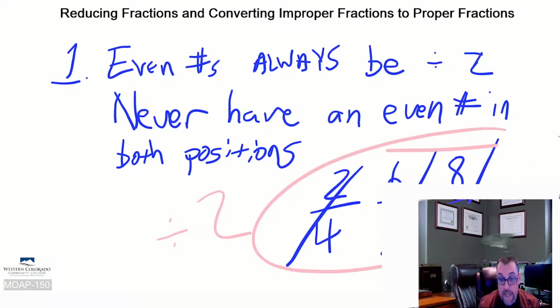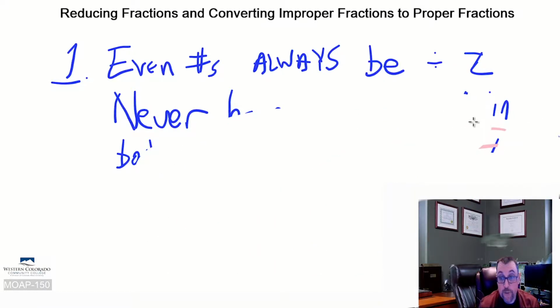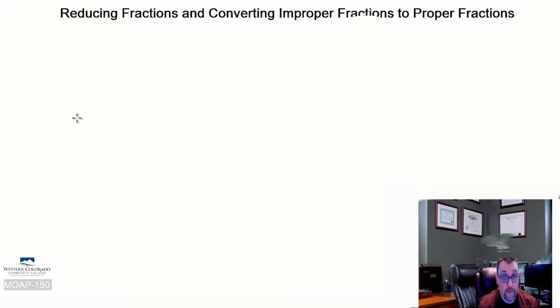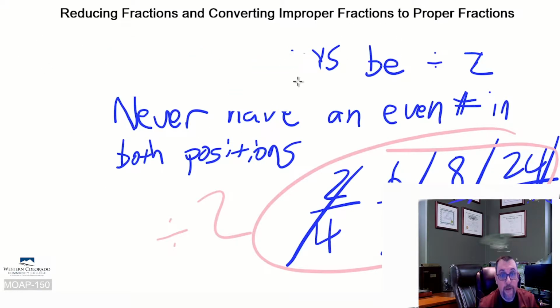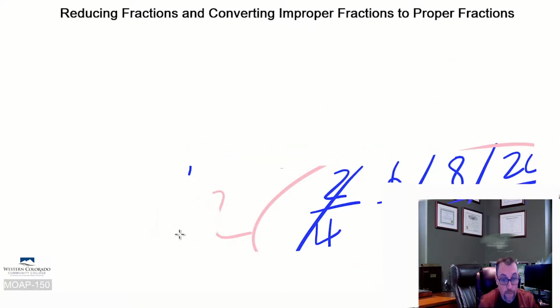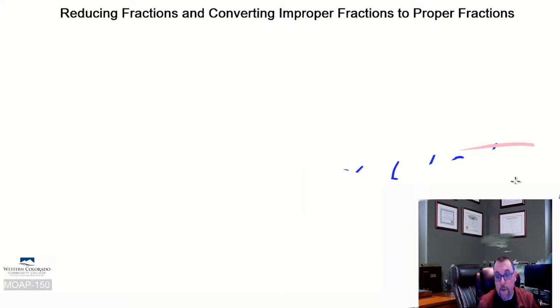Now, it's much easier for you to try to reduce a fraction to its lowest terms by using something other than 2, simply because 2 means you may have to divide that problem out over and over and over again. But it's reliable to do it that way. So what I mean is it may take you longer than you want, but it will always get you to the right answer.